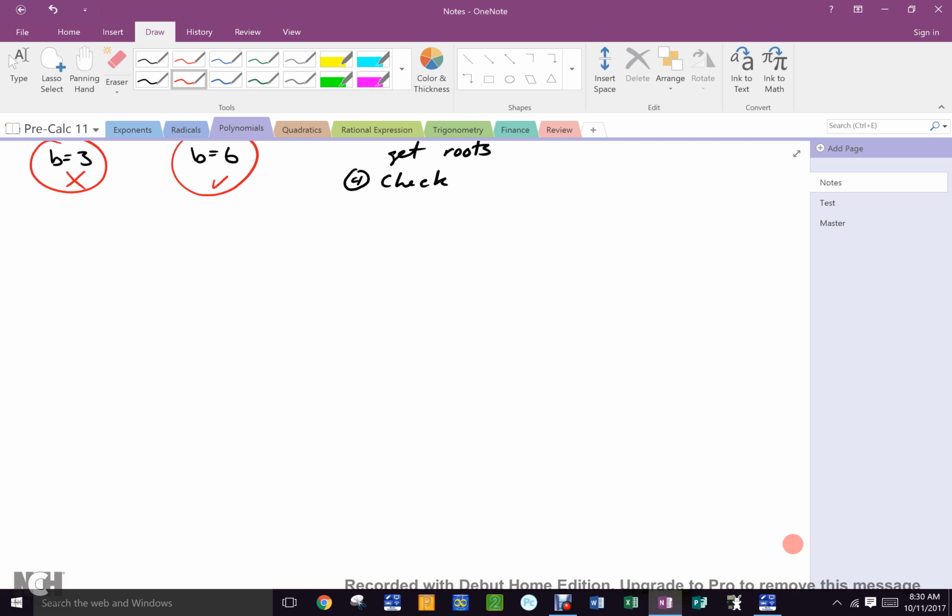Okay, so let's do this one. Square root x times square root of x minus 8 equals 3.